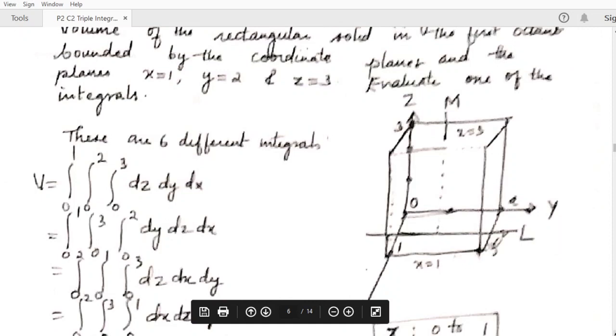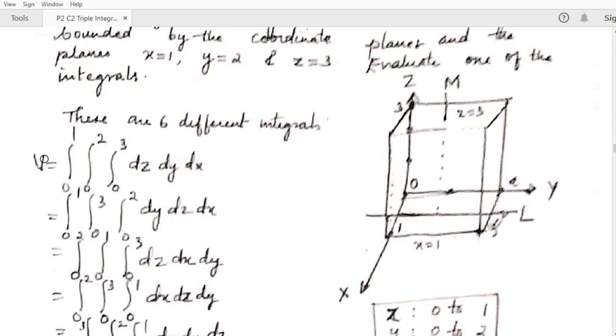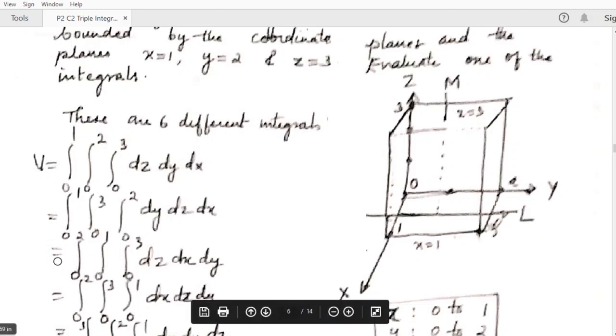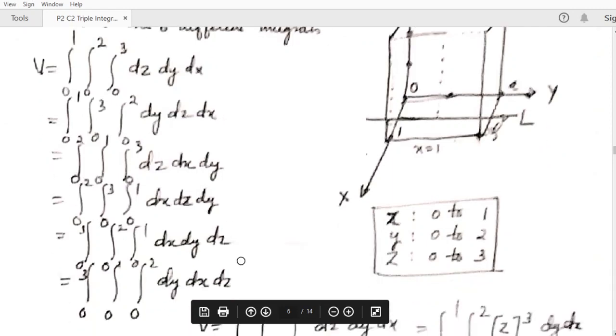By definition we know that the different iterated integrals are V equal to triple integral dz dy dx, which is equal to triple integral dy dz dx, which is equal to triple integral dz dx dy, which is equal to triple integral dx dz dy, which is equal to triple integral dx dy dz, and which is equal to triple integral dy dx dz. So these are the 6 iterated integrals by which we can find the volume.